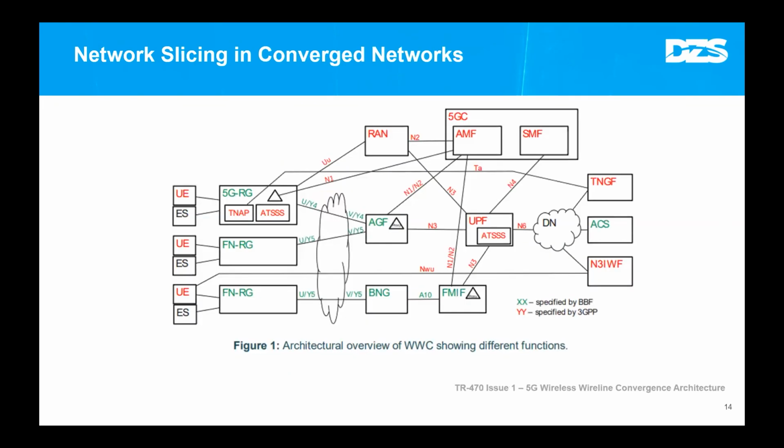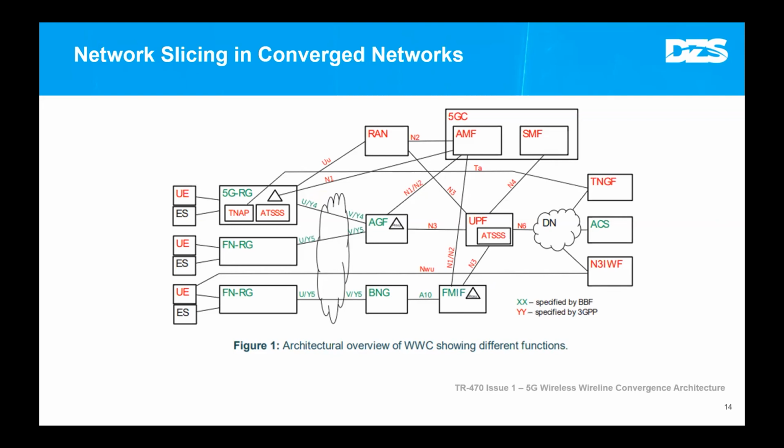Talking a little bit more about the activities of Broadband Forum, now TR-470, issue 1, issue 2 is in work now. The reason I highlight this is there's a good architectural picture, perhaps one of the best that I've seen, that really brings together that mobile network picture that I started the discussion with today and the fixed network.